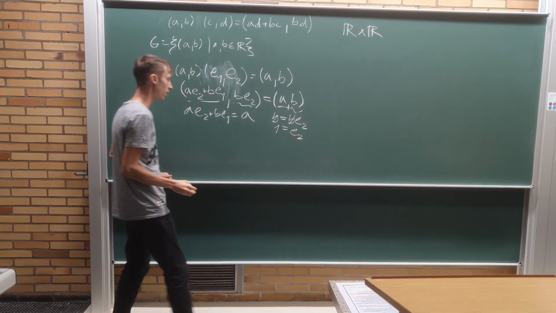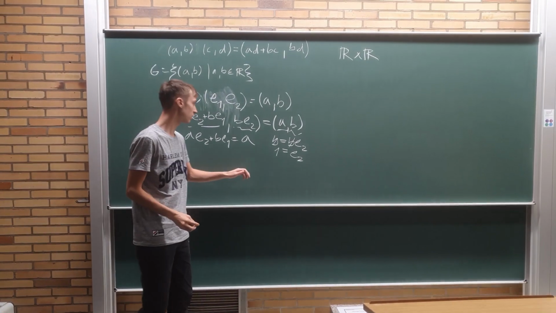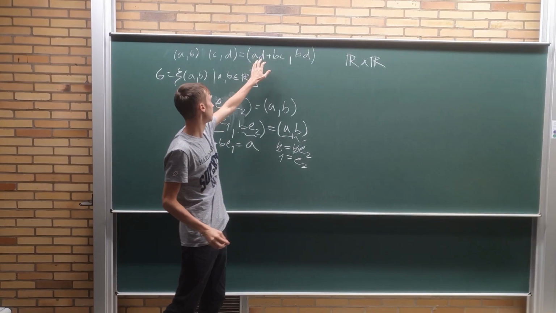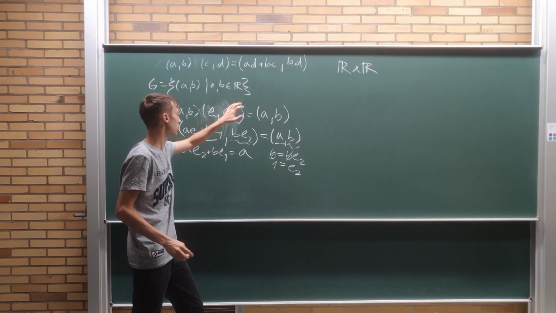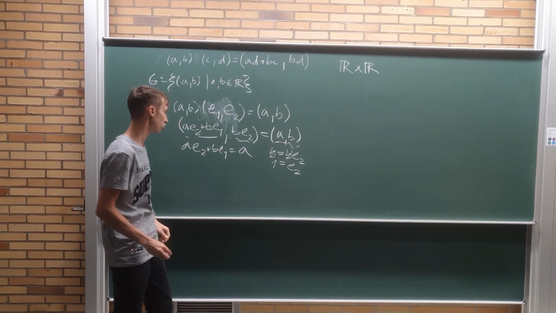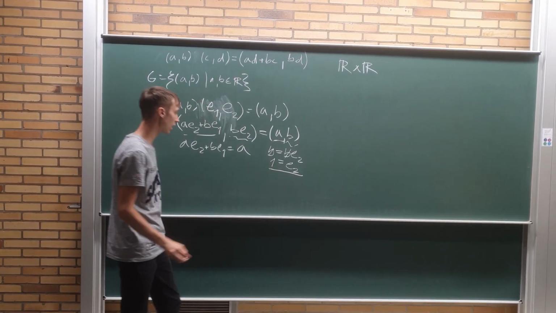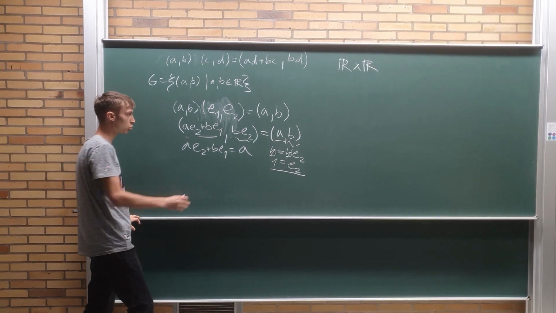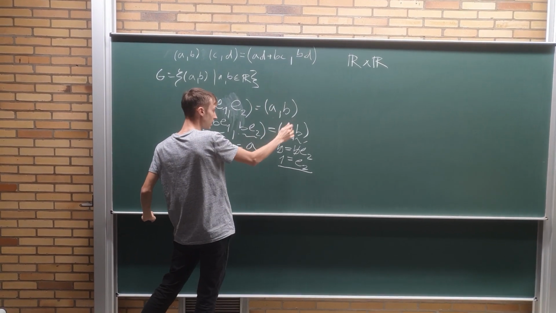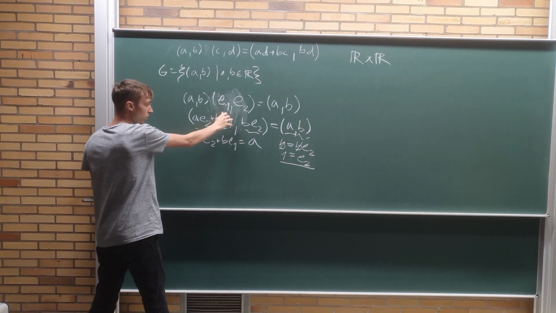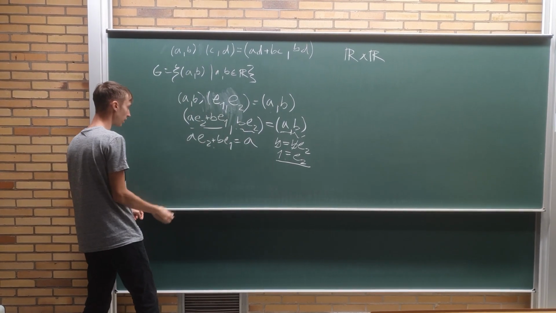This is just arithmetic. Here we're not really talking about elements of the group, because this is defined via arithmetic, addition, multiplication. This is all meant in classical arithmetic. So now we've determined that e2, the second entry of the identity tuple, is 1, and I can put it in this other equation.